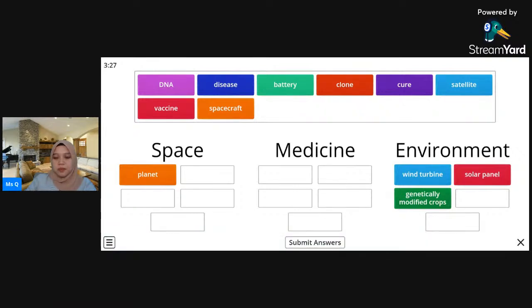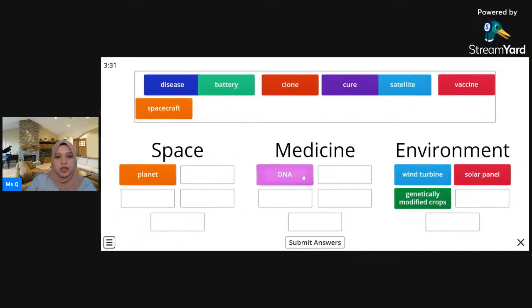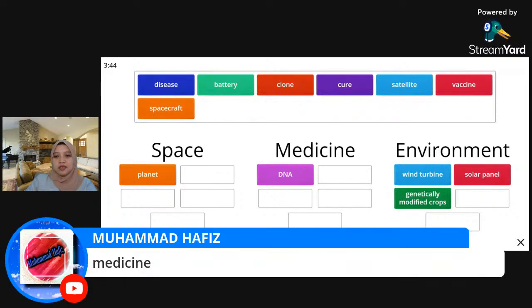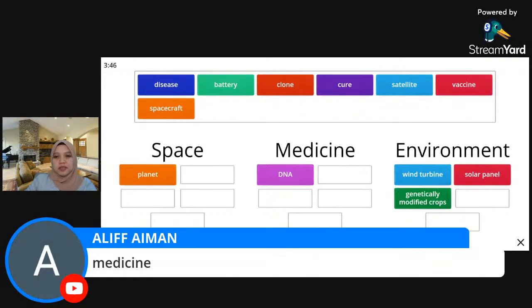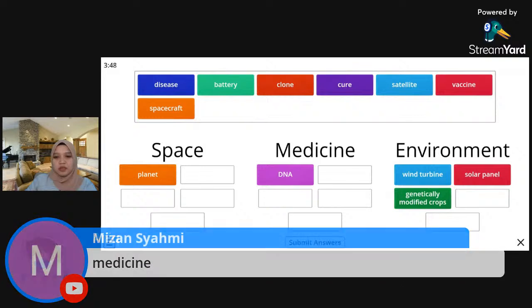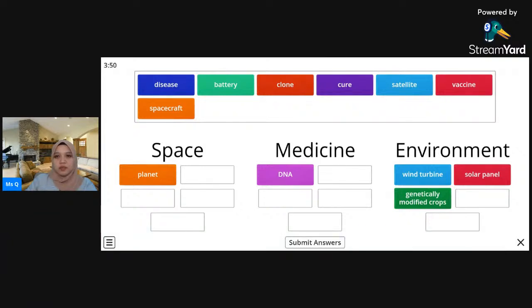All right, let's put DNA in medicine. How about disease? Zami said medicine. Zari said medicine as well. Okay, disease could also belong to medicine.